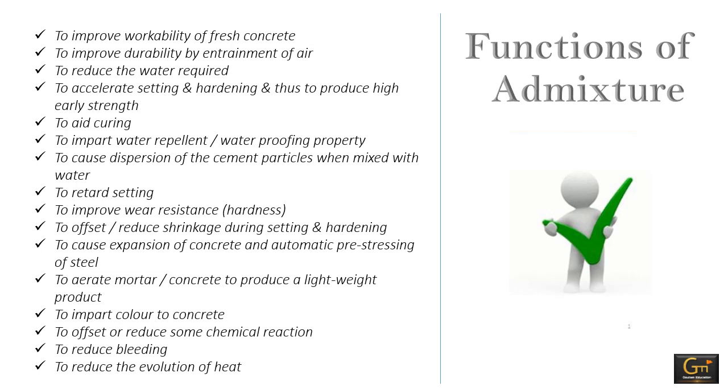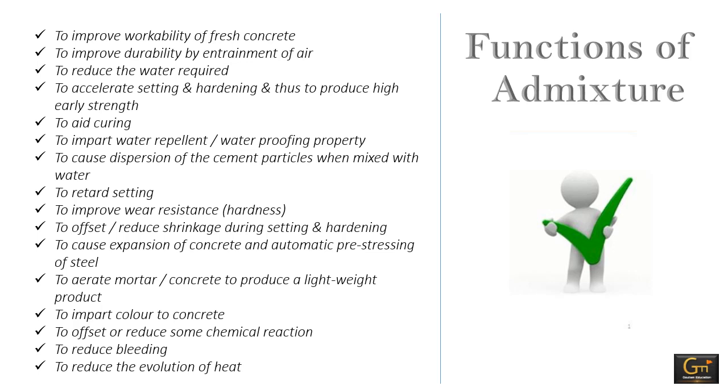It is also used to improve the wear resistance, that means the hardness of the concrete, and it is also used for reducing shrinkage during its setting and hardening, and it is basically used for the chemical reaction. There are many types of chemical reaction we can find in the concrete mix.